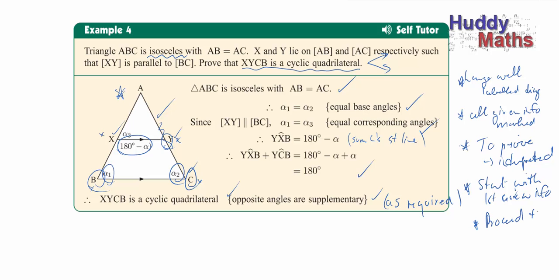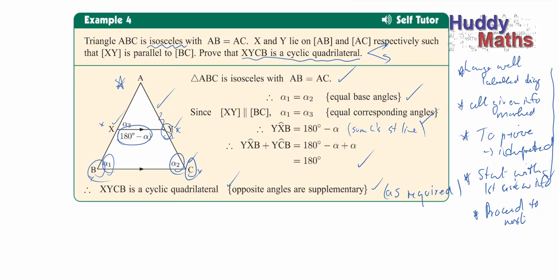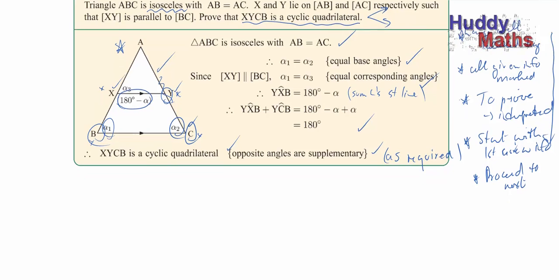Proceed to the next. And with circles, of course, watch out for equal radii and a few things like that. And you work towards the end of the figure that you're trying to say something about. So there is a strategy. Don't just look at it and have a guess. There is a strategy.